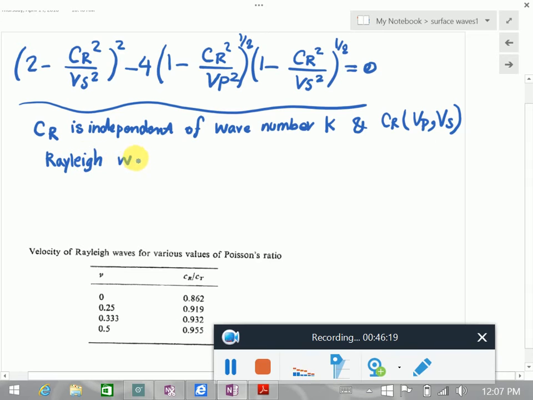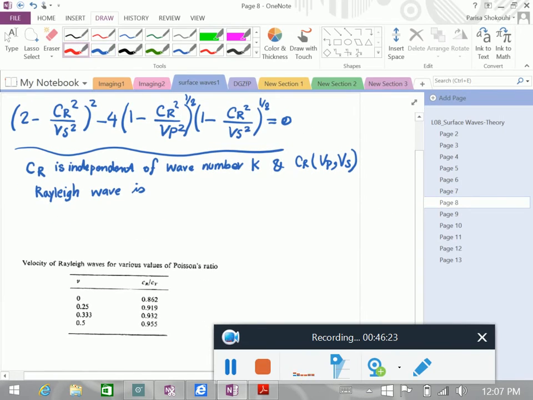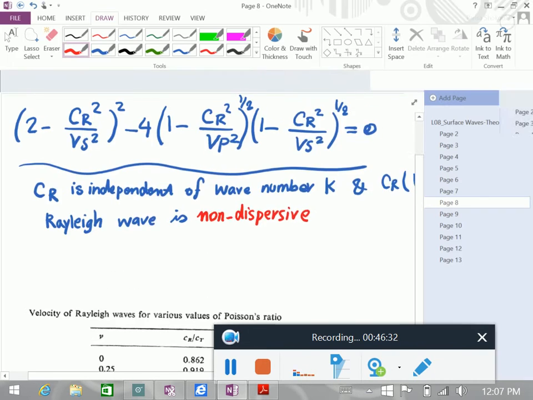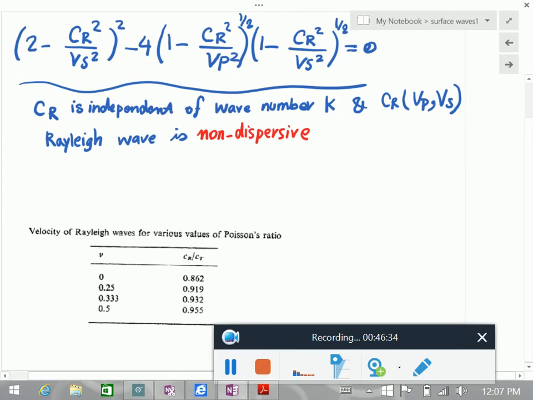Rayleigh wave is non-dispersive, and later on you will see that it is dispersive in some other circumstances, and that makes Rayleigh wave very interesting.